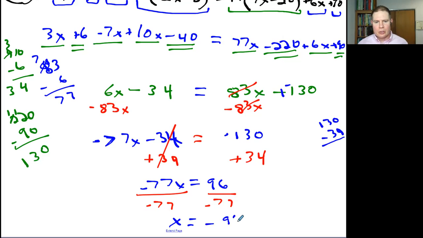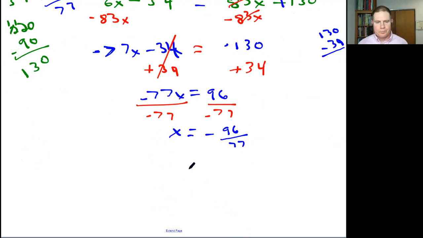And then because I just picked big numbers at random, I didn't plan out that this would be an integer. So we get x equals negative 99. Oh, 99, yikes. x equals negative 96/77.